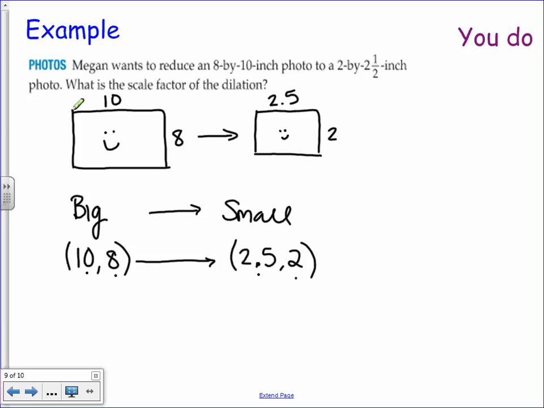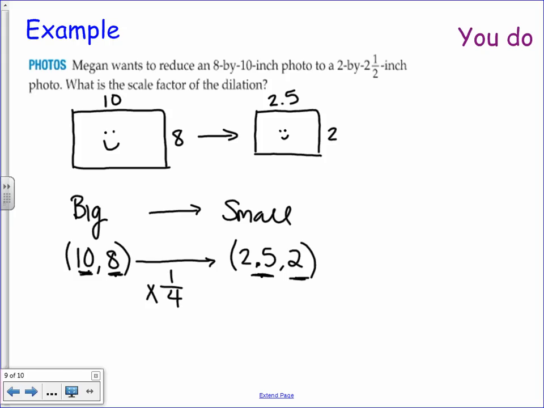And remember, at the very beginning, the scale factor was being multiplied. So I need to multiply something to 10 to get to 2.5, or something to 8 to get to 2. And remember, you can use fractions in this. So how did I get from 10 to 2.5 and 8 to 2? Well, I would be multiplying by 1/4.